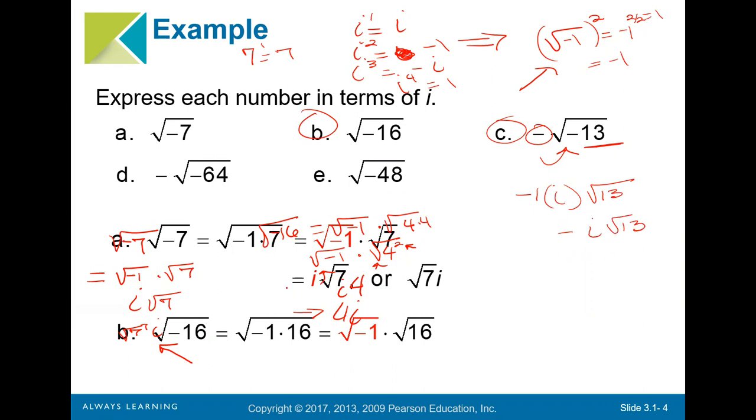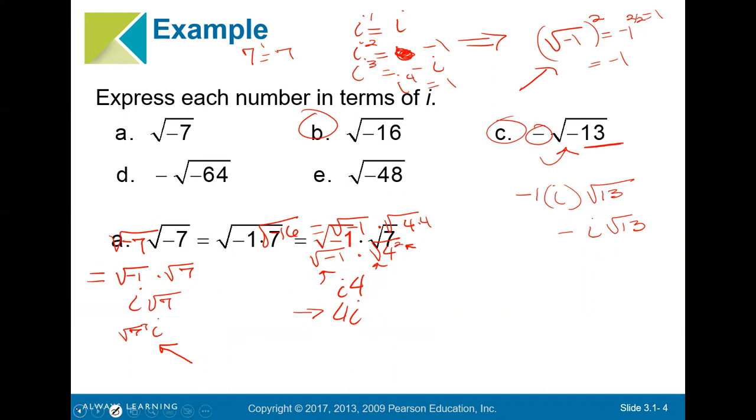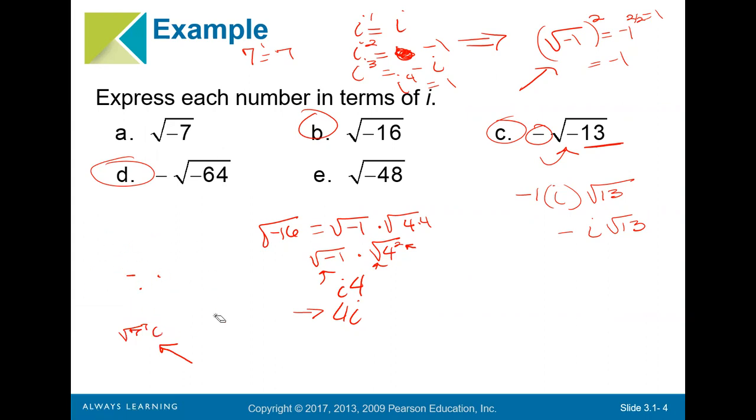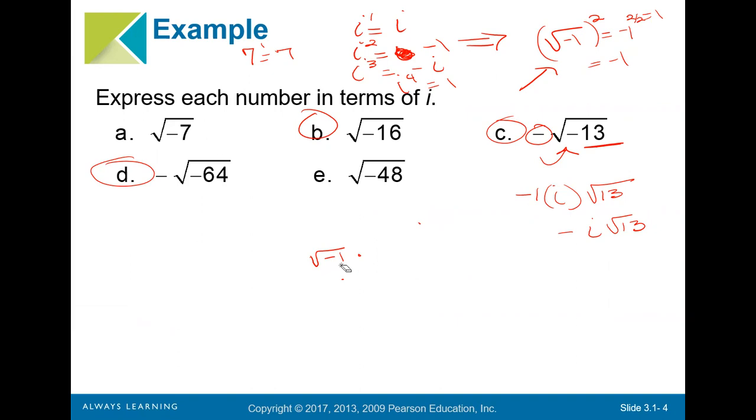Now, 64 is not always as obvious. My apologies, the computer is acting up on me. There we go. So it's not always as obvious, so let's do D. Let me clean this up just for a second, so I have some space to do the last two. Well, if you notice, D has the -1 multiplied by the root. So I know I'm going to have -1 on the outside, right?